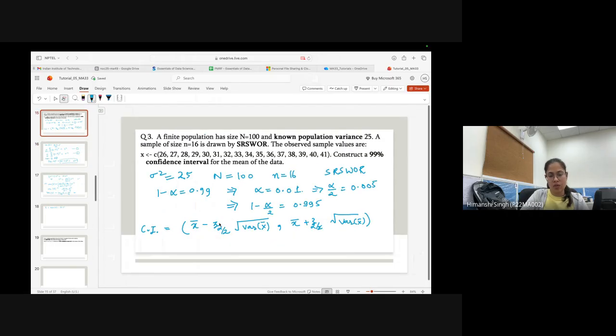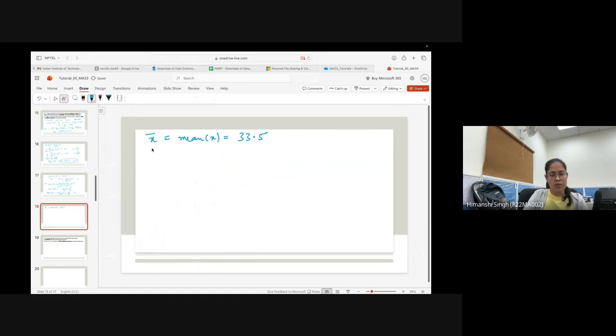Okay. Now what is the next quantity? X bar we have calculated; z alpha by 2. So z alpha by 2 can be calculated using the command qnorm(1 minus alpha by 2). So 1 minus alpha by 2 is 0.995. Okay. So what is z alpha by 2?